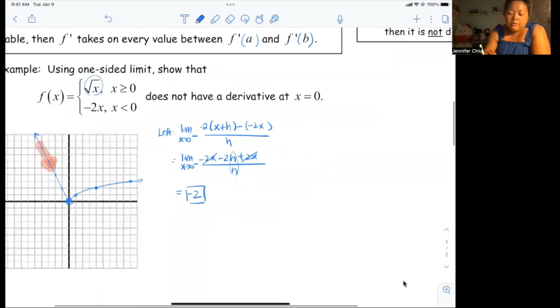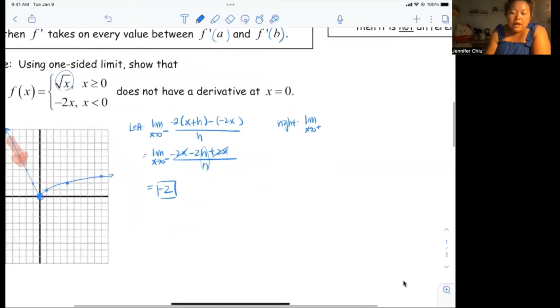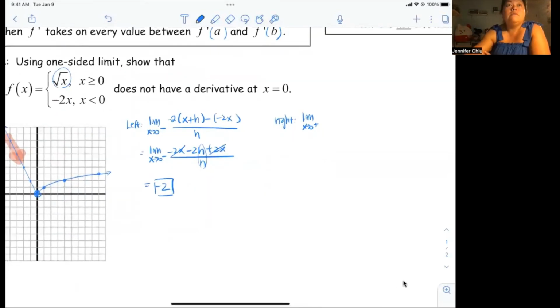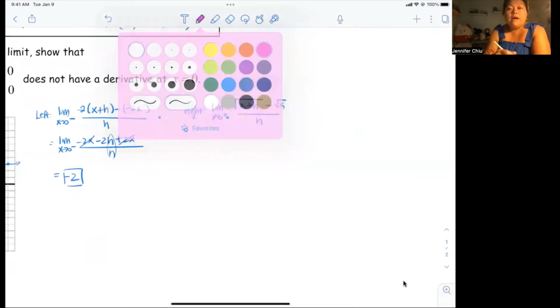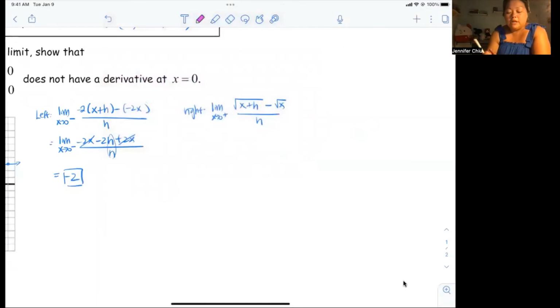Okay. On the right-hand side, we have the square root of x. So you're going to go ahead and plug in square root of x plus h minus square root of x, all over h. This is where I remind you of a nice tool you have from before. It's called conjugates, to try to clean this up.